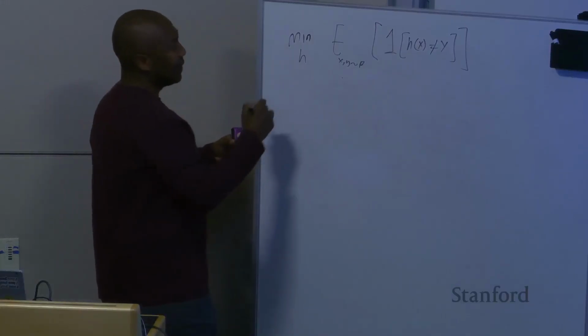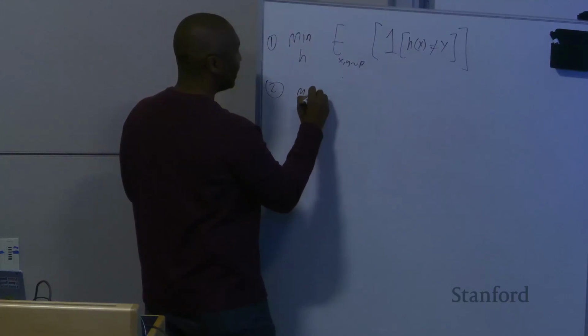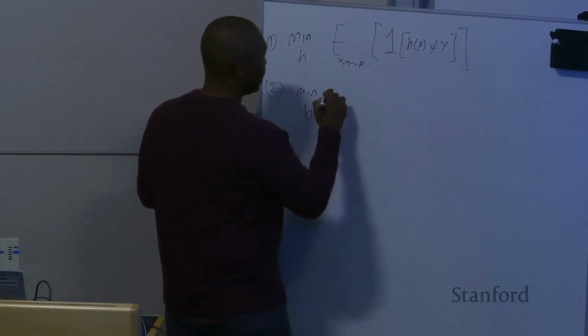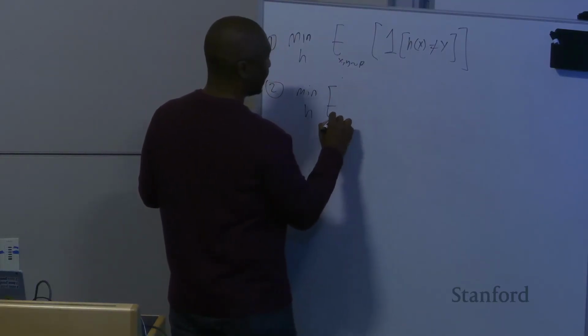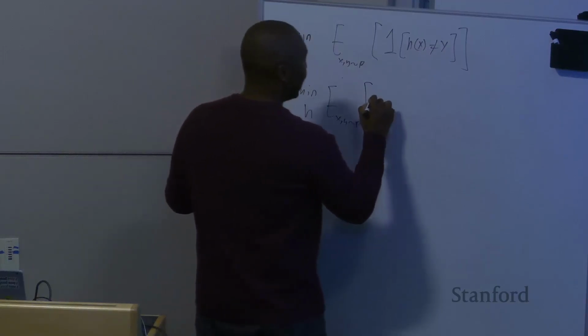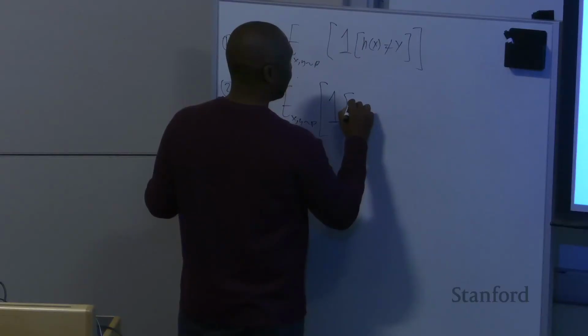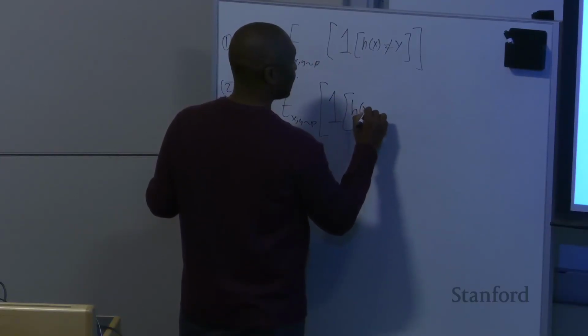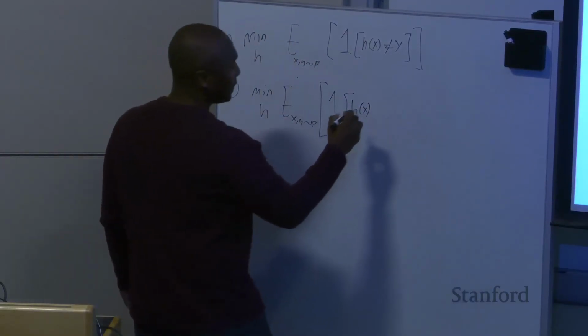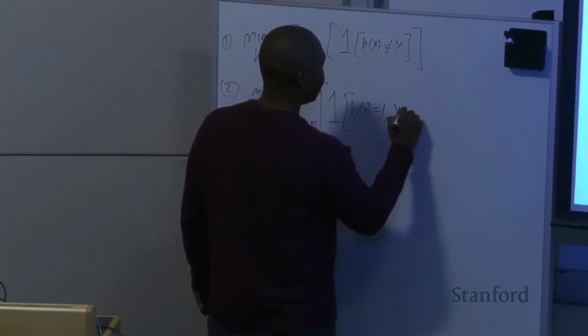Suppose I wanted to solve a different problem, which is the min over h, keeping my expectation over the population. Now I'm going to look at two different kinds of errors. So this is h of x. I have false positives, where I predict a positive, but y equals 0.